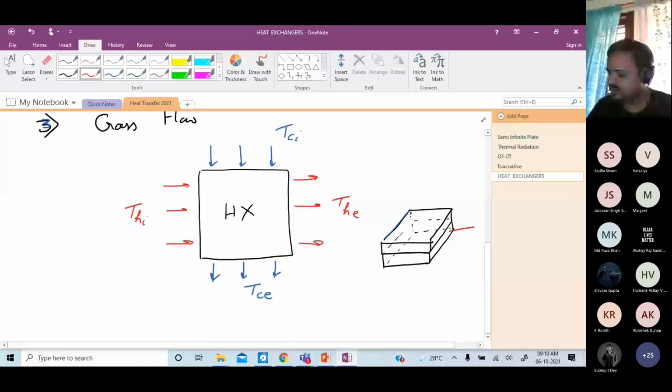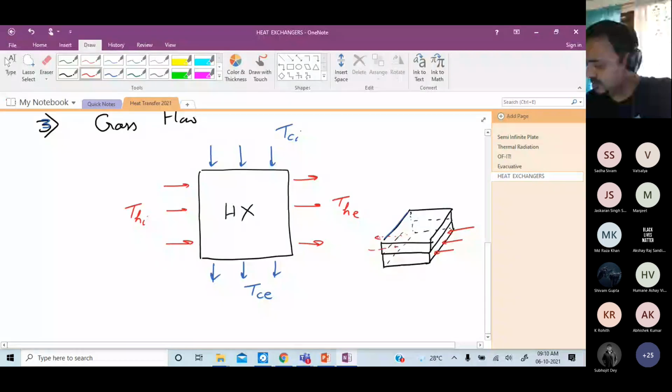The hot fluid comes out like this. It comes in, let us say, through the lower compartment and flows out. And the cold fluid comes in from the top compartment, comes up like this. Okay.